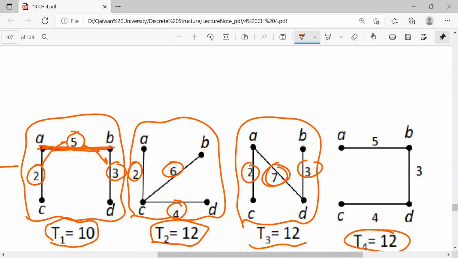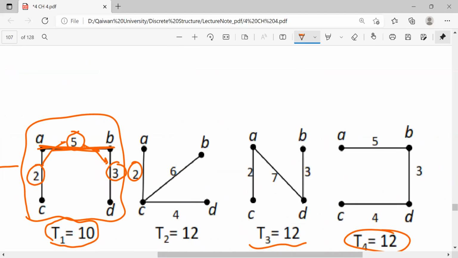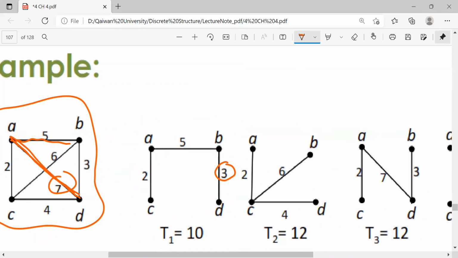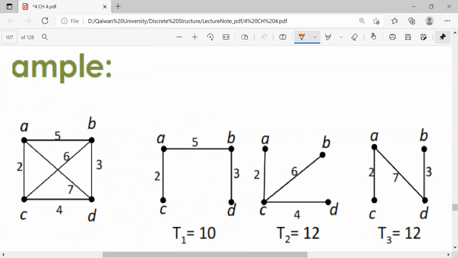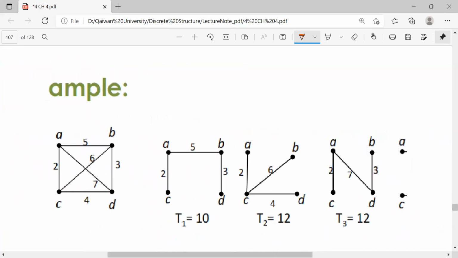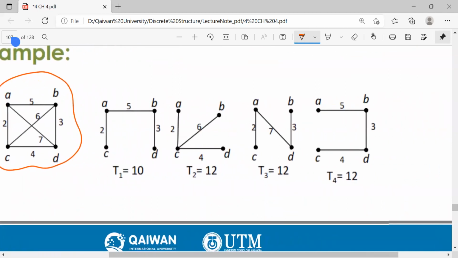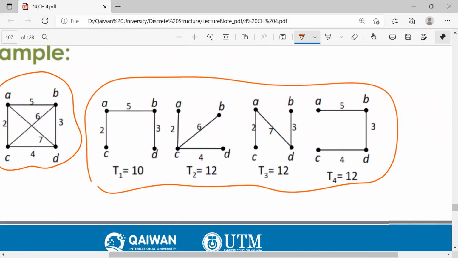These weights that you have written down in the spanning trees are the same as those given in the graph. These all are spanning trees. The weight of this spanning tree is 10, and the weight of the others is 12, 12, and 12.